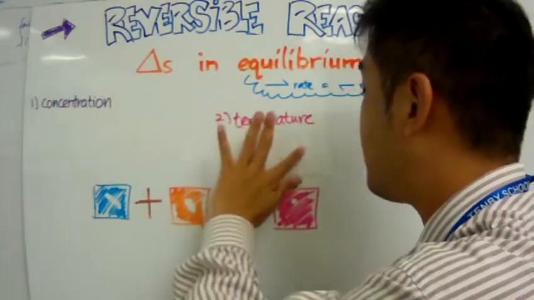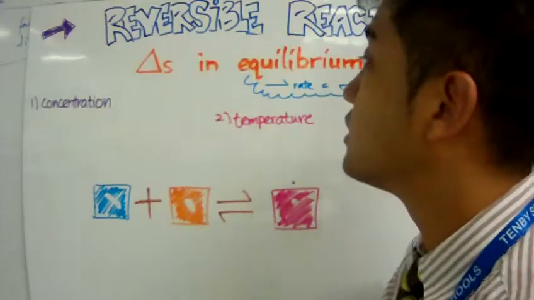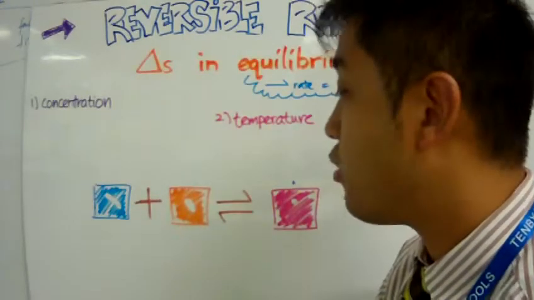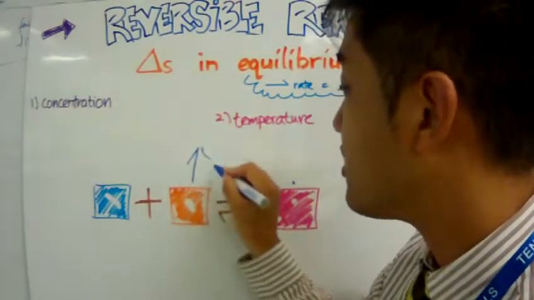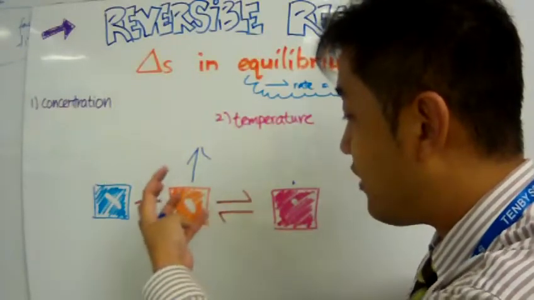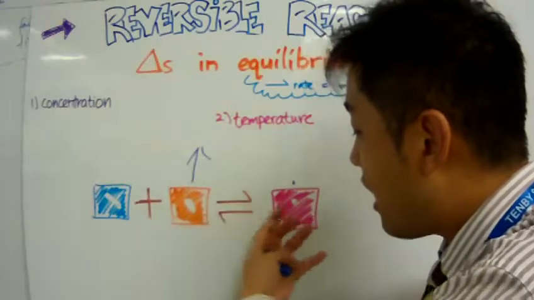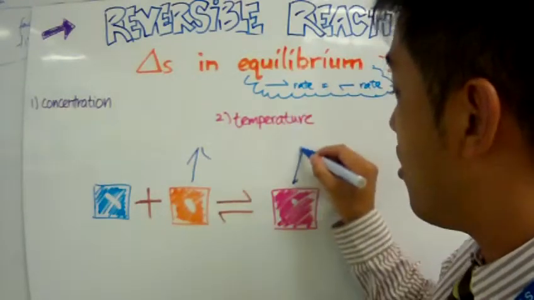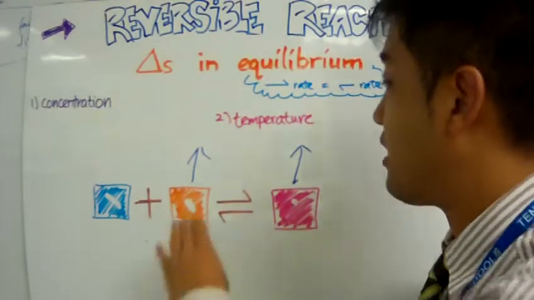So what if we add more orange? What's going to happen? Well, we're going to put more stress into the system, and in order to alleviate the stress it has to go somewhere, and it does that by making more pinks. Okay?